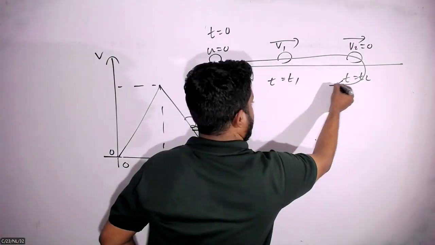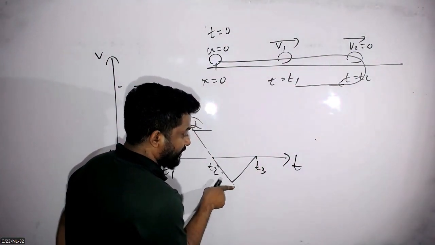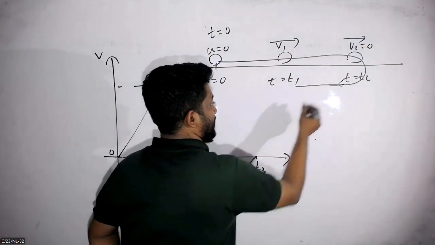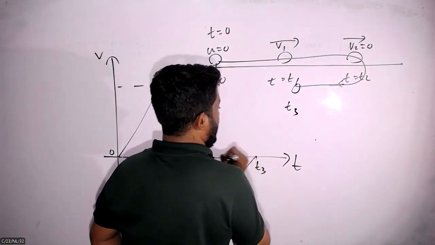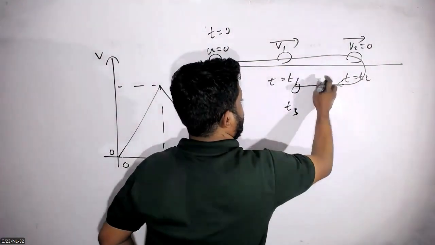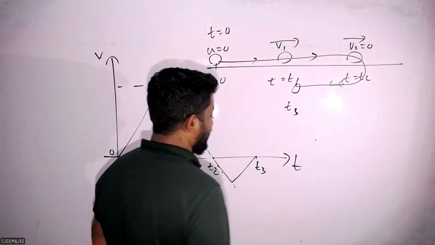Then it continues its motion. First, negative velocities increase, then negative velocities decrease. But at t equals t3, negative velocity becomes 0. That means the object comes to rest at t equals t3.